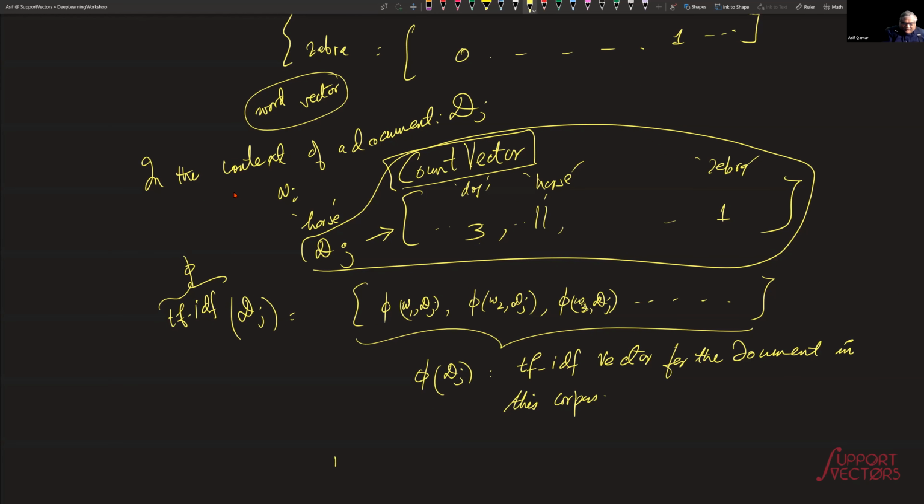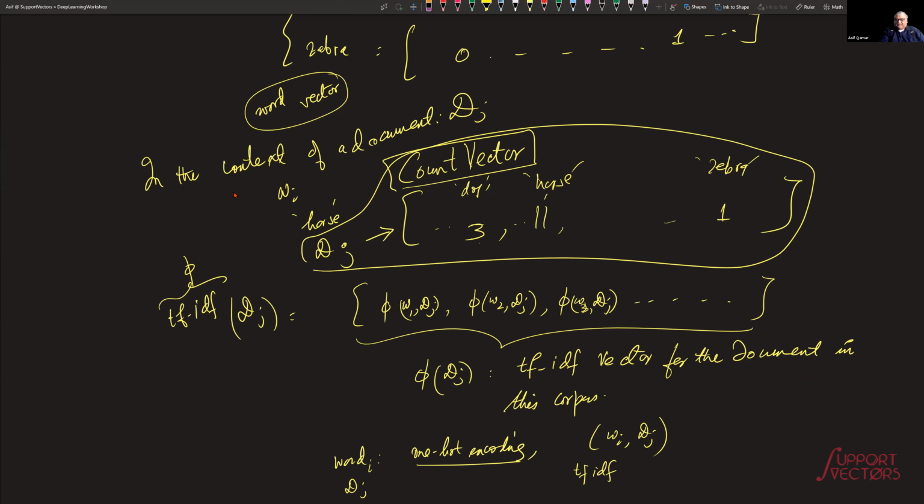And so you can have a word which has a 1 hot encoding and a TF-IDF value with respect to this document DJ. Actually, forget this. For word I with respect to document J, you can do a 1 hot encoding of the word, and of course you can do the TF-IDF of the word in the document.